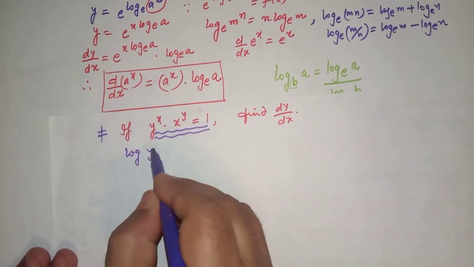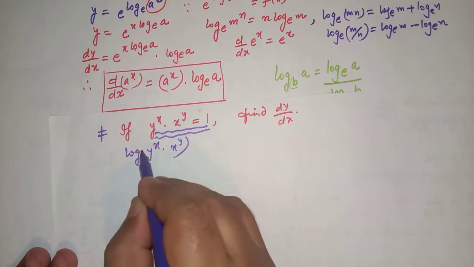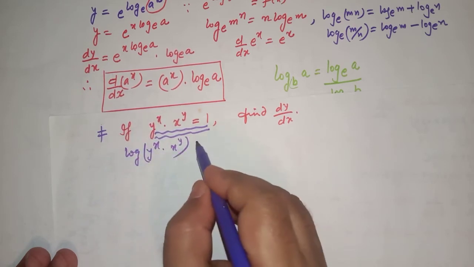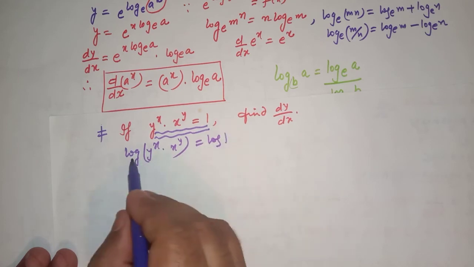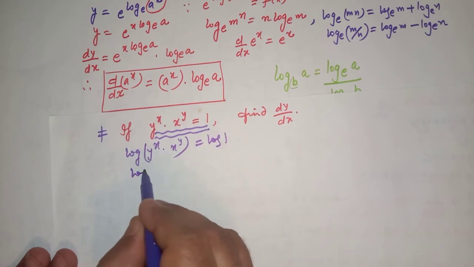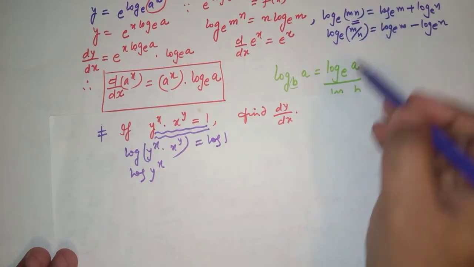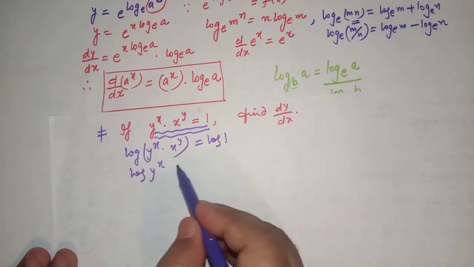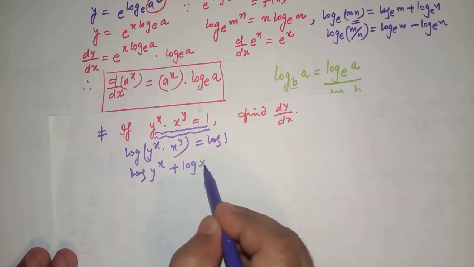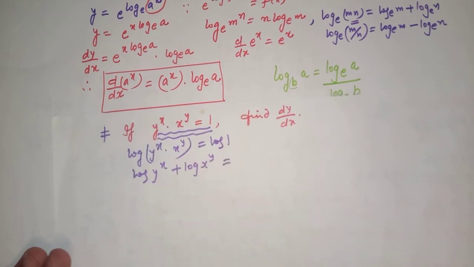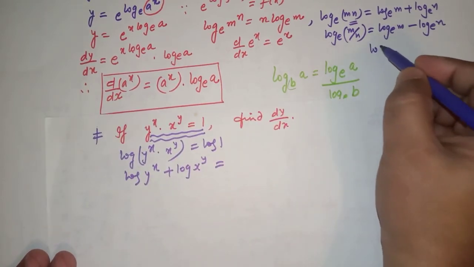So here we have log of y raised to x multiplied by x raised to y equal to log of 1. Now here we'll apply the product rule. So we'll get log of y raised to x plus log of x raised to y, and the value of log 1 is 0.